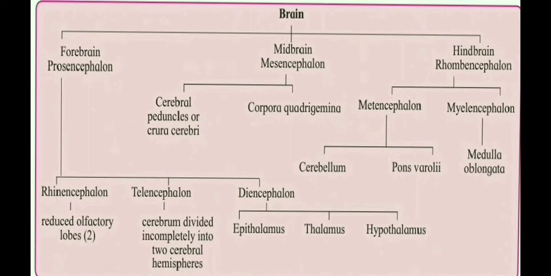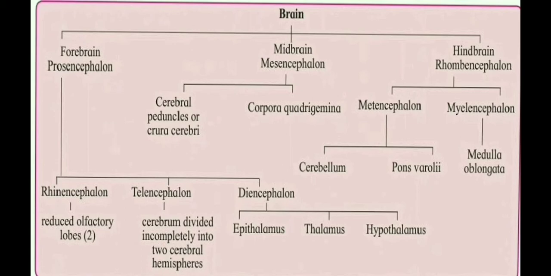Cerebrum actually forms the major portion of the brain, and diencephalon consists of three parts, that is epithalamus, thalamus and hypothalamus. Coming towards the next part, that is your midbrain or mesencephalon. It consists of two parts, that is crura cerebri and corpora quadrigemina.